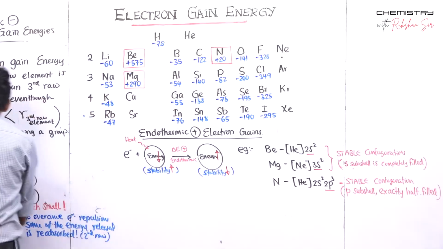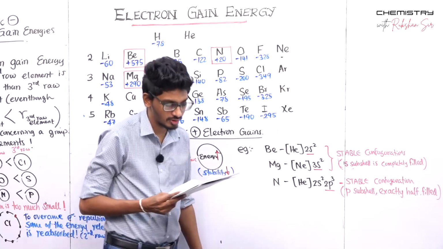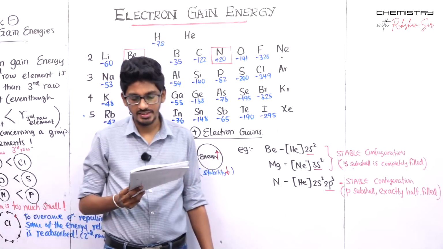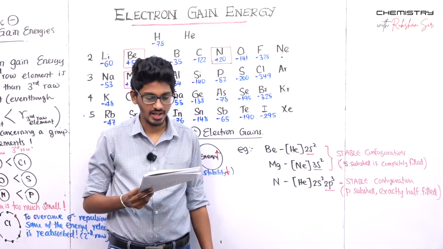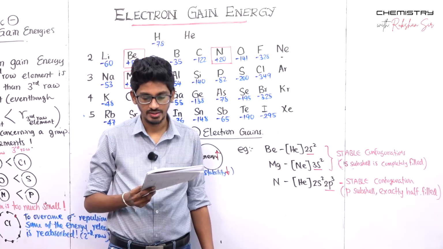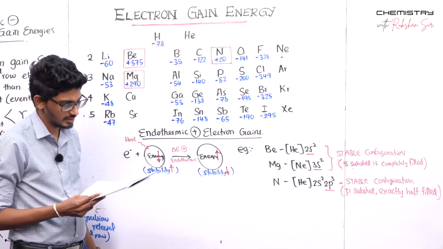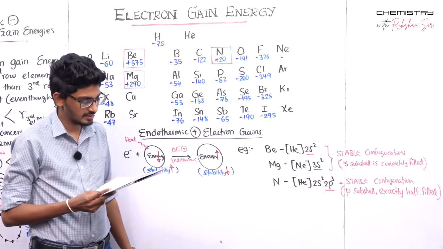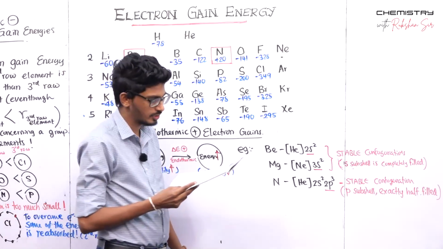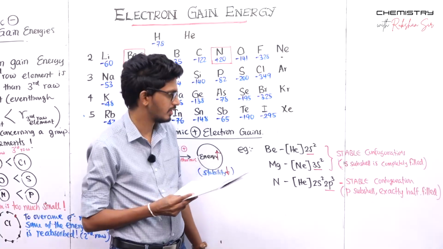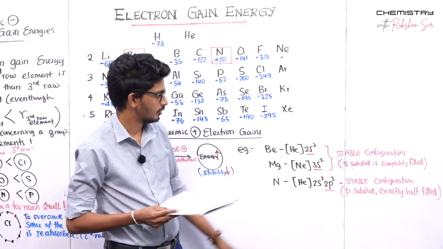Now they are saying if the atom is not keen to gain an electron, energy has to be supplied to such a process, and as energy is absorbed by the reaction, such a process is called an endothermic process. Heat energy is absorbed. As they are with stable electronic configurations, beryllium, magnesium, nitrogen do not like to gain an electron, so those have endothermic first electron gains. So stable configurations are there.